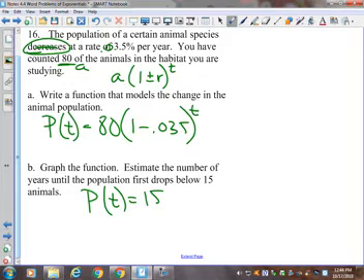Now, I could set this equal to the formula like this. Could I divide by the 80 like we did before and get rid of it? The only problem is then I'd have to change it to an exponential and get the decimal for this, and that takes time. That's why they told you to look at the graph, because it's a little quicker with graphing.